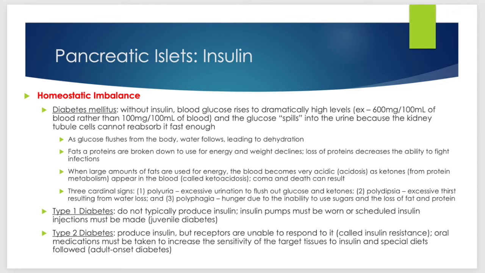People that are type 2 diabetics produce insulin, but the receptors on their cells are not able to respond to the insulin that they are producing, and that's referred to as insulin resistance. So they can take oral medications to increase the sensitivity of their target tissues to insulin, and follow special diets. Sometimes it's bad enough that they would also need insulin injections in addition to oral medication.